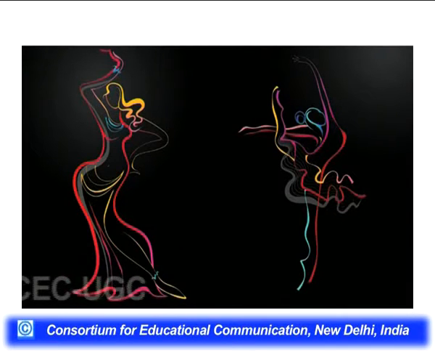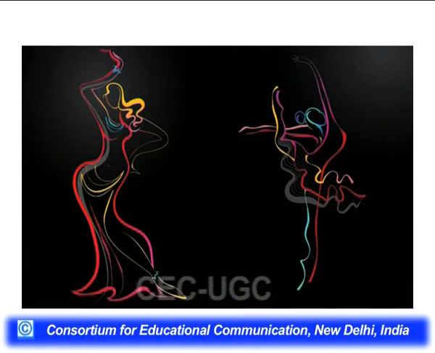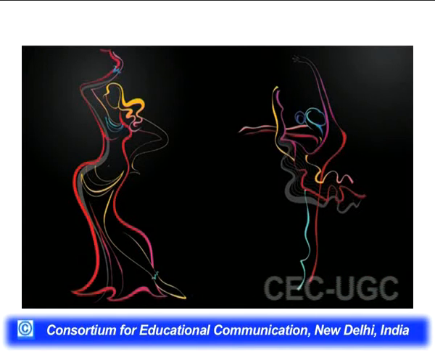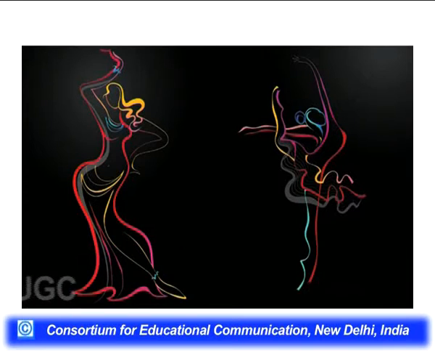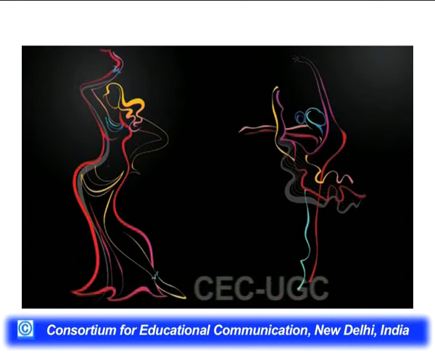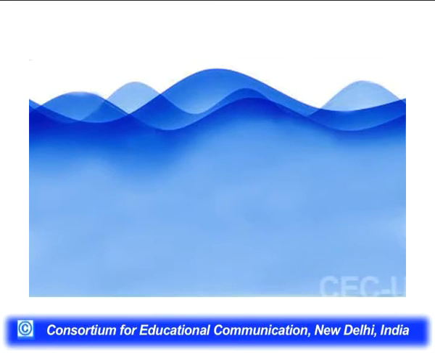See the curved line that created the beautiful figure of the dance. And this is possible only by a curved line. If you make it mechanically by drawing straight lines, perhaps you will not find the grace of the dancing figure. See the lines that created the waves. These are curved lines giving the feeling of the waves.